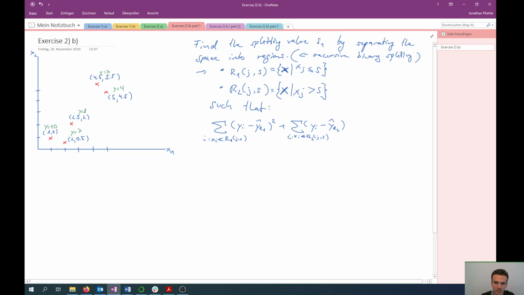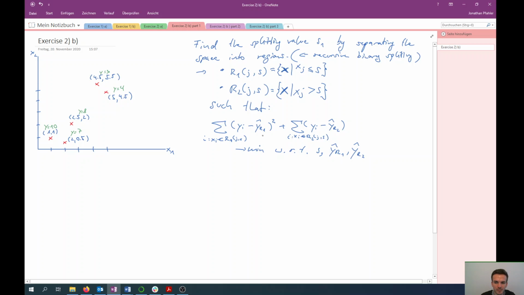So this criterion, or this loss here, should be minimized, and I will explain it in a second. It should be minimized with respect to s and y hat R1 and y hat R2, which are our estimated values inside the regions.